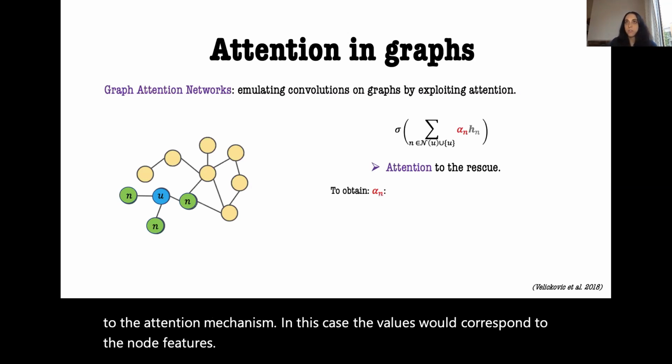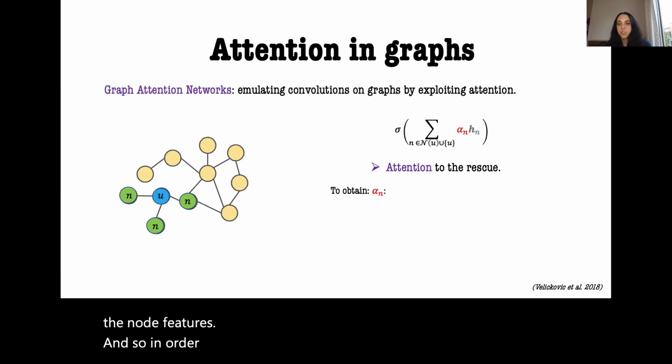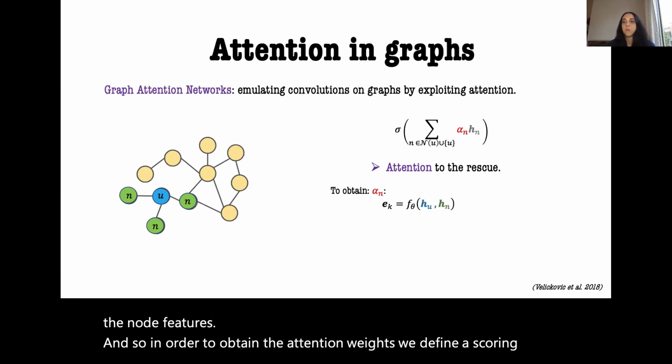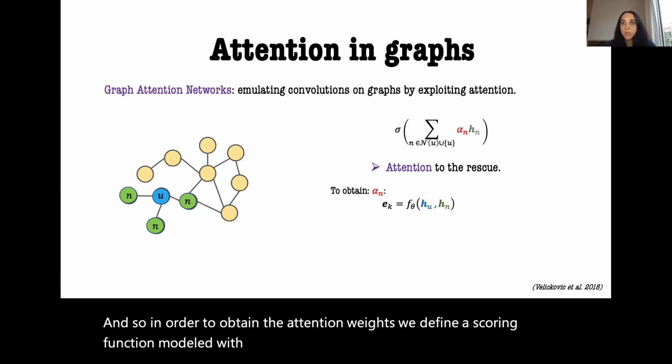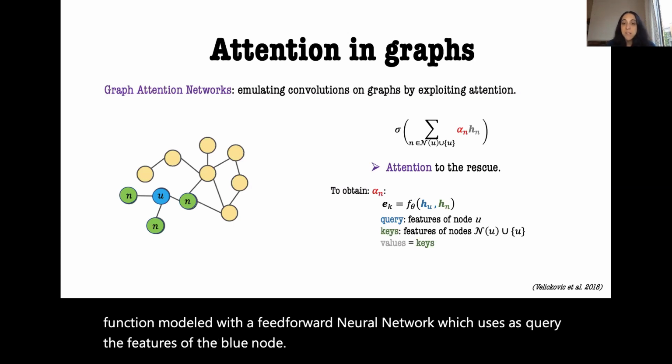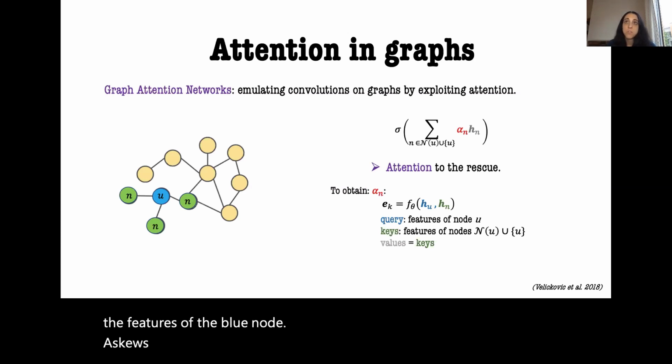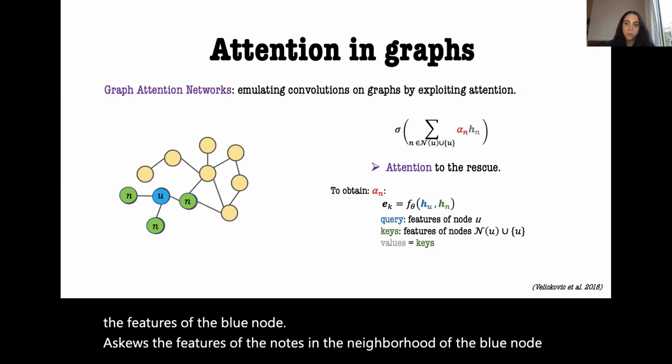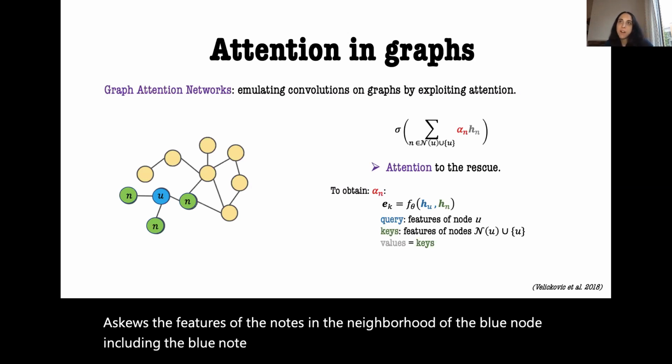In order to obtain the attention weights, we define a scoring function modeled with a feed-forward neural network, which uses as query the features of the blue node, as keys the features of the nodes in the neighborhood of the blue node, including the blue node itself. And as values, we use the same as what we use as the keys.